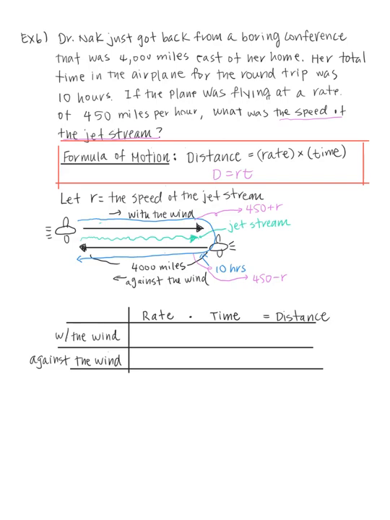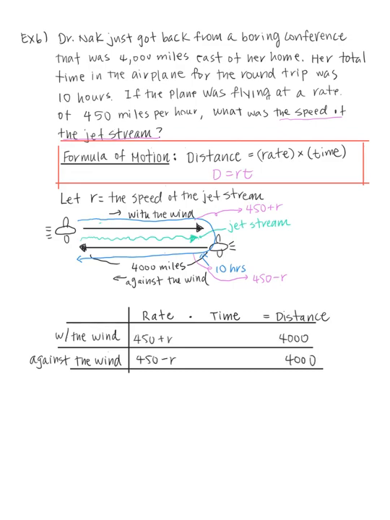I think we're ready to fill this chart, so let's do it. Now, when we're traveling with the wind, the rate is going to become 450 plus r, and against the wind, it's going to be 450 minus r. And the next one, what was the total distance? Well, total distance was 4,000 miles, so I already know that, so let me just write that out.